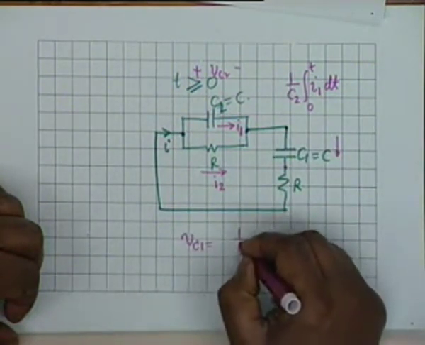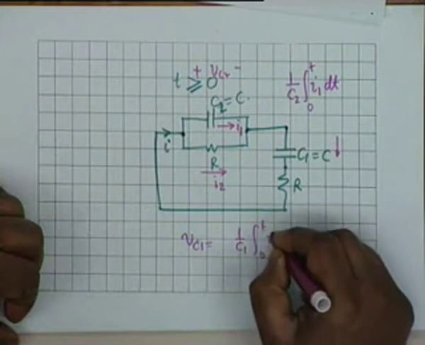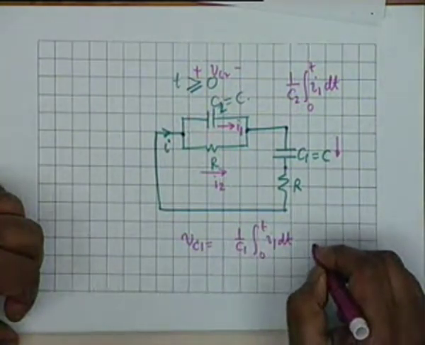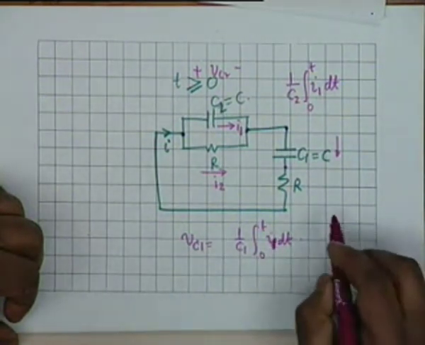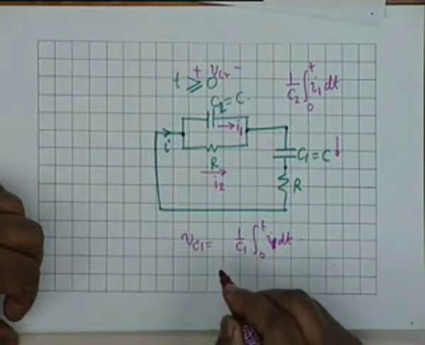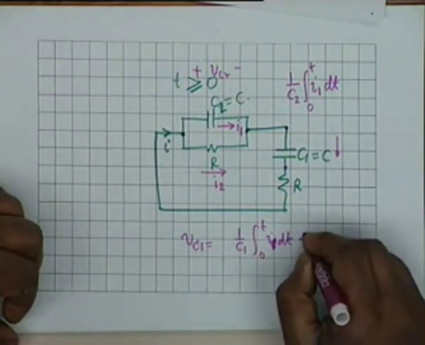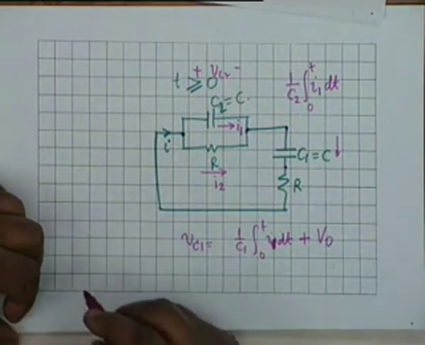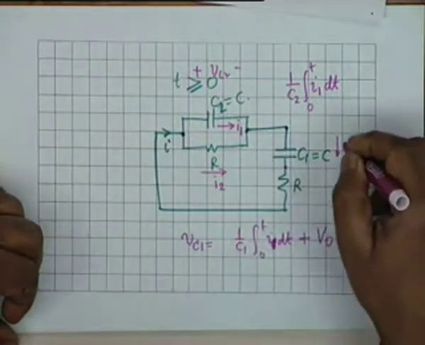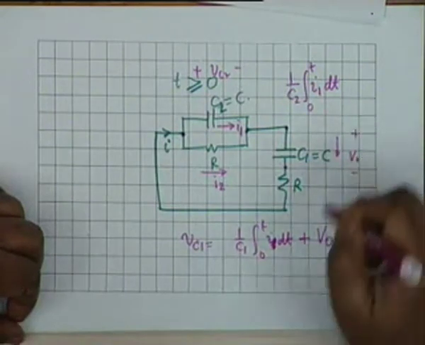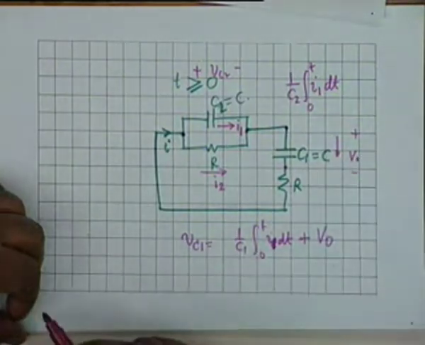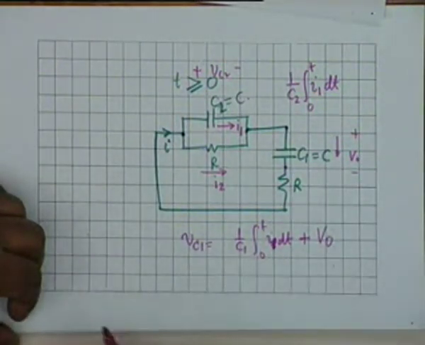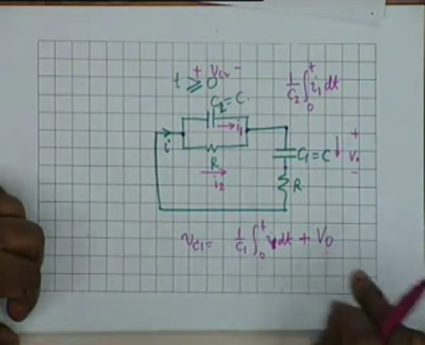VC1 shall be equal to 1 over C1 integral 0 to t I1 dt plus I2 dt, plus or minus, that is the question. Unfortunately, it is plus, because I'll explain. The initial voltage was V0 in this polarity, and when the capacitor is getting charged like this, it is adding to V0, so it is a plus V0. You have to remember this. All right, it is plus V0.